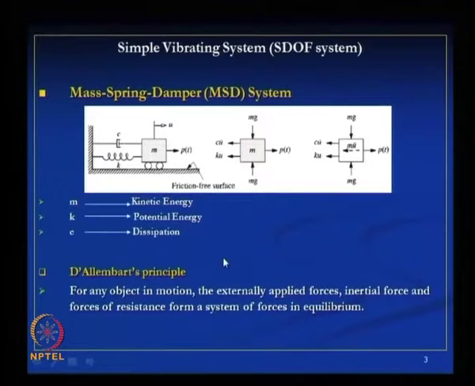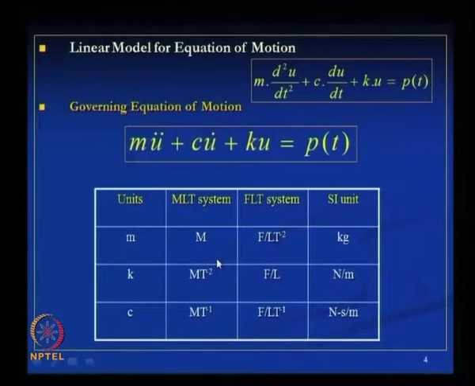Then we have seen what is D'Alembert's principle, and considering the linear model for all the resistive forces, that is spring force, inertia force and damper force, we have seen that the linear model for equation of motion comes down for the single degree of freedom system like this.